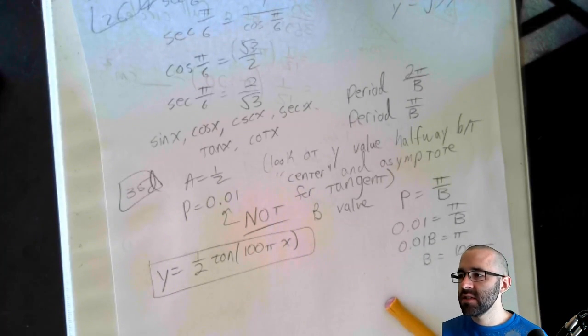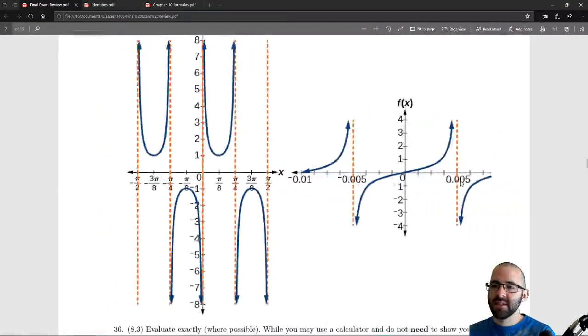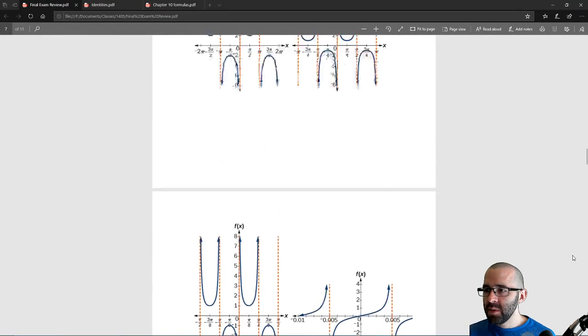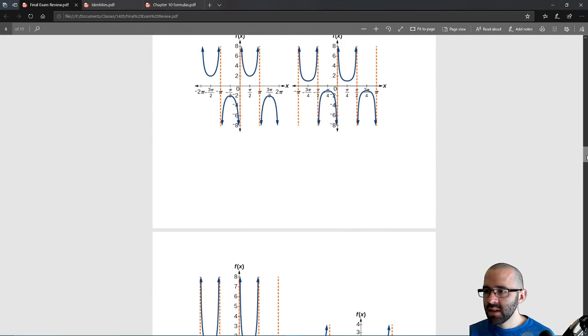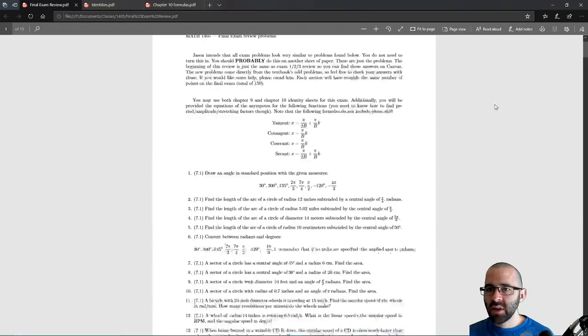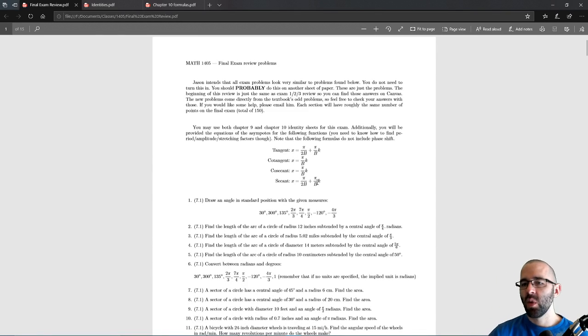One other thing about tangents is you could be asked, theoretically, something we talked about: find the equation of all the asymptotes for a graph. It's unlikely that I'm going to ask a question involving this right here.